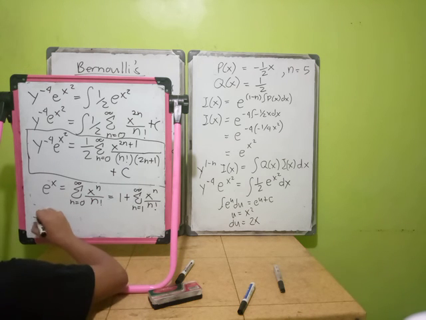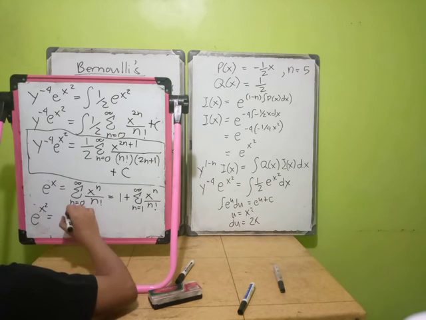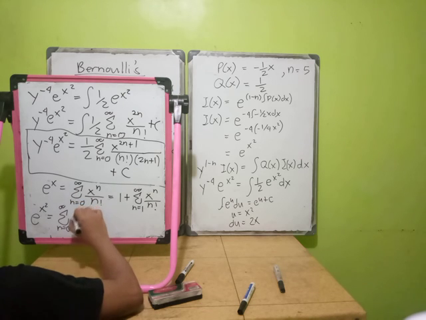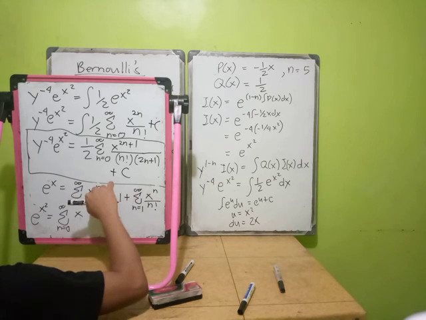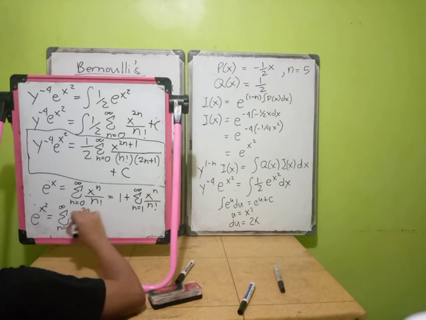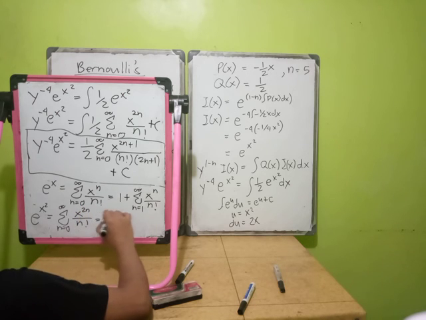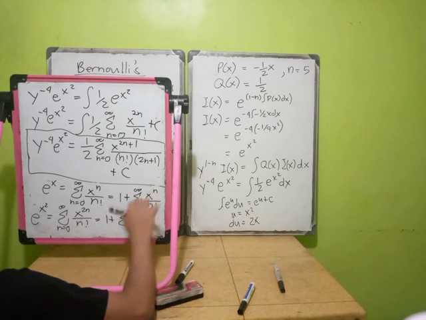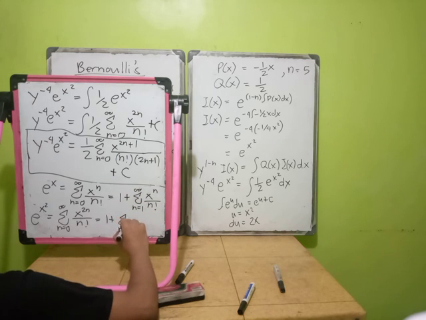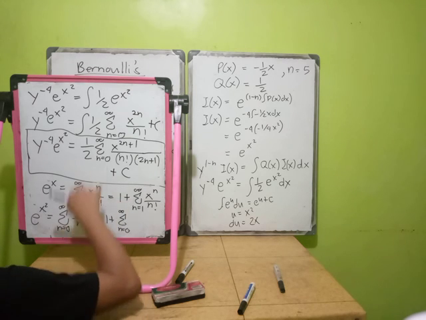Kaya ang mangyayari kay e^(x squared), ma-replace si x ng x squared, kaya x to the 2n na ito. This is an infinite sigma, which means summation of all terms starting from 0 to infinity.